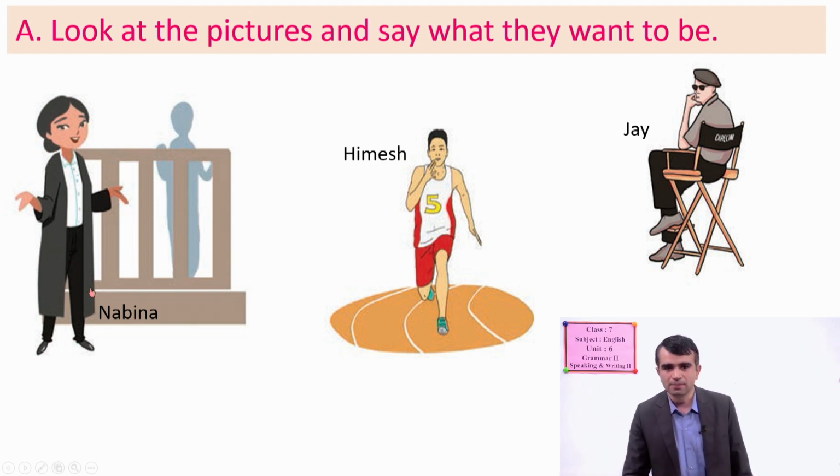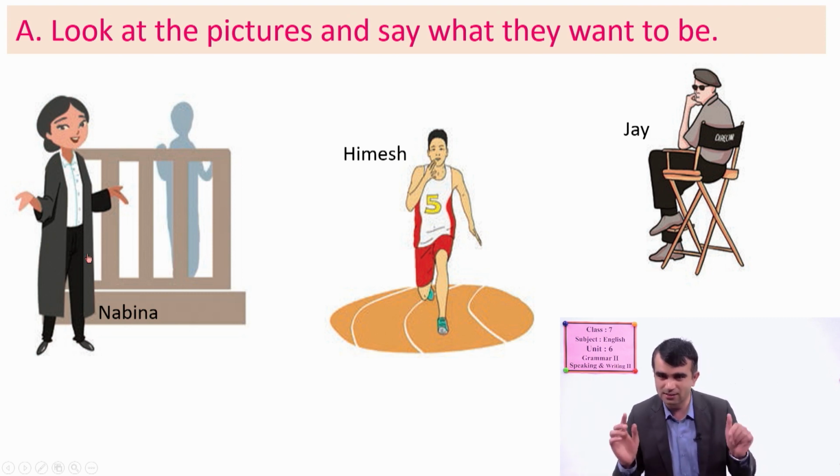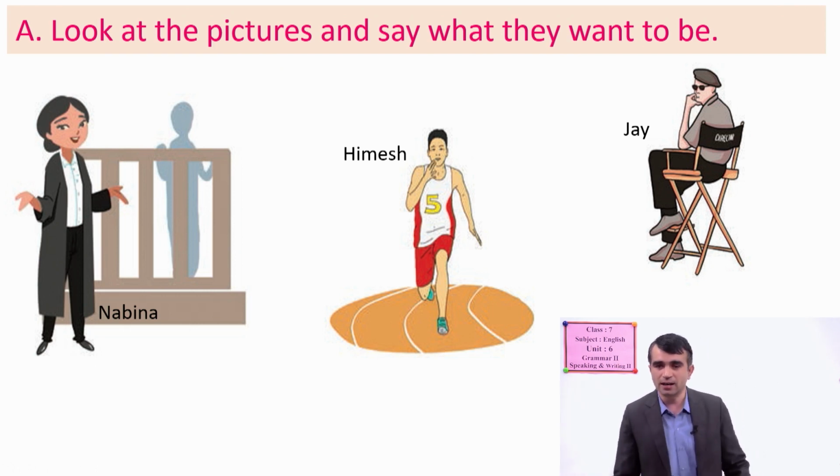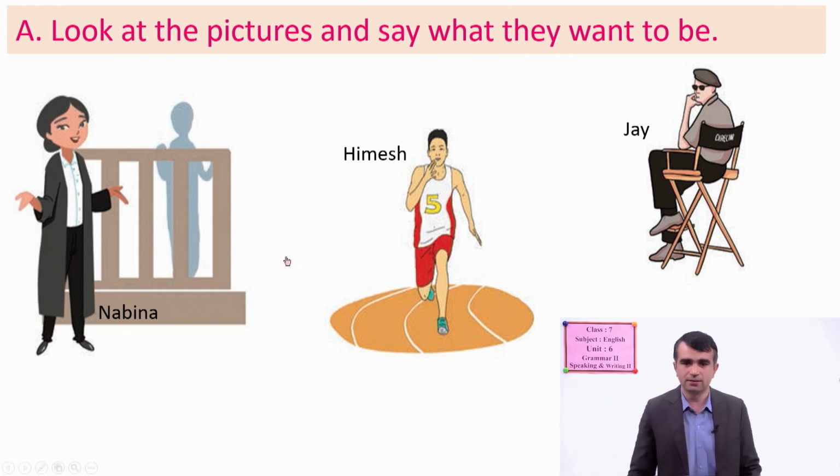What does she want to be? Looking at it, what is it? Where can you find it? In a court. She wants to be a lawyer. Nabina wants to be a lawyer.